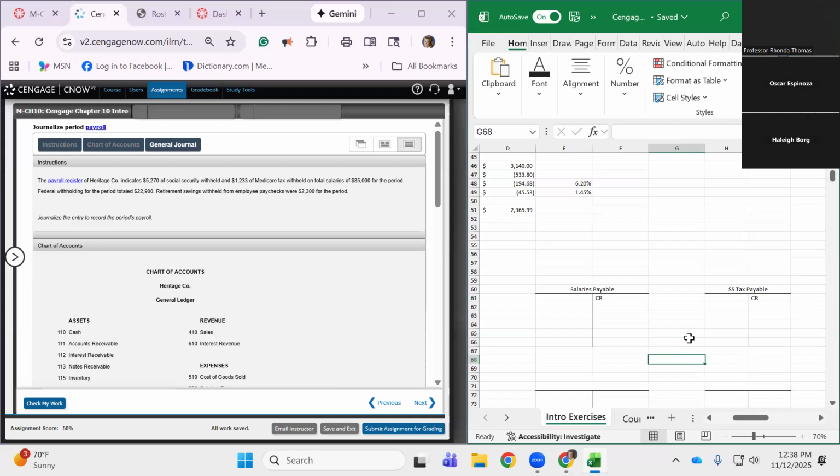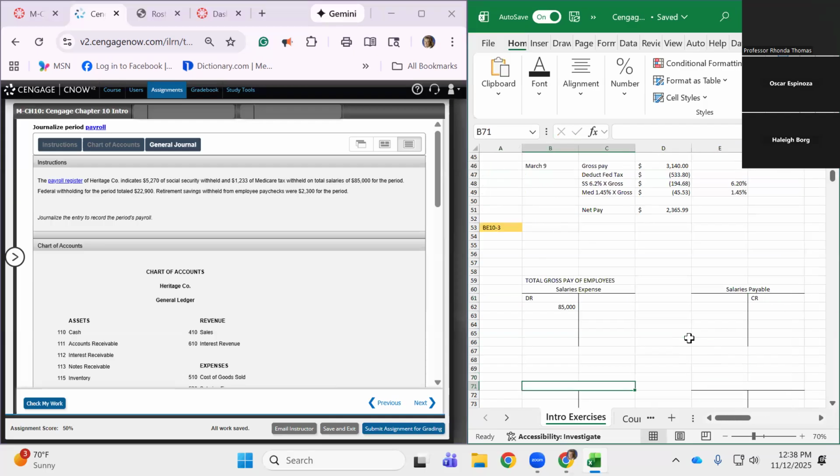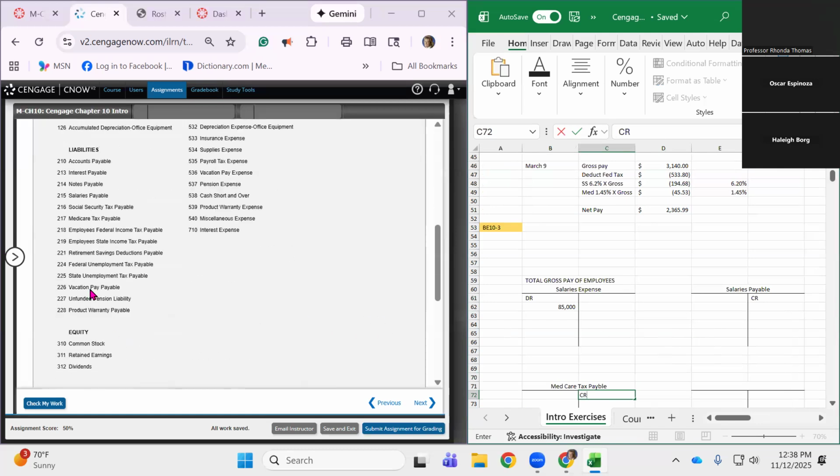Okay, and then we have Medicare tax payable, and it's going to have a credit balance. And then we're going to have federal, now be careful, we have employees' federal income tax payable. Notice we don't want to get that confused with anything else that has federal.